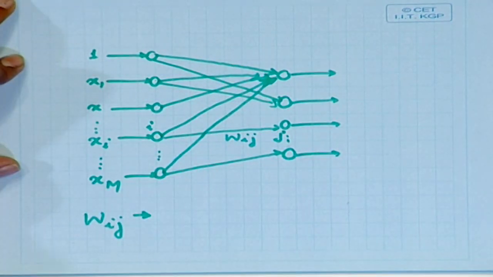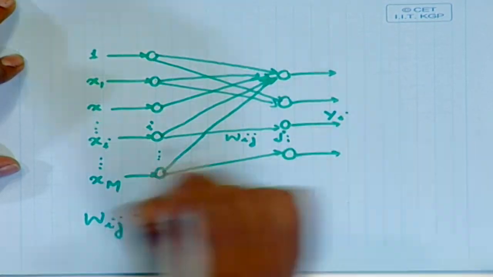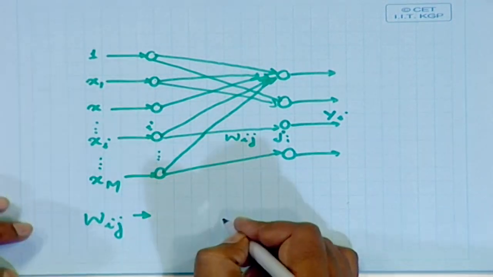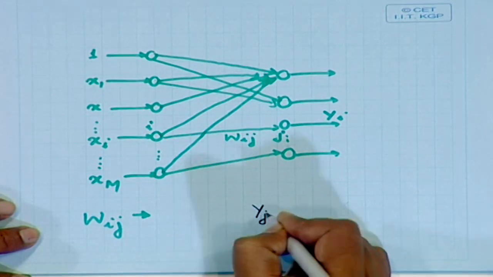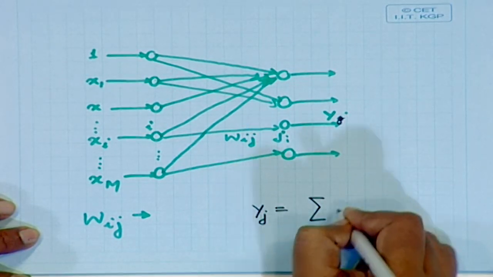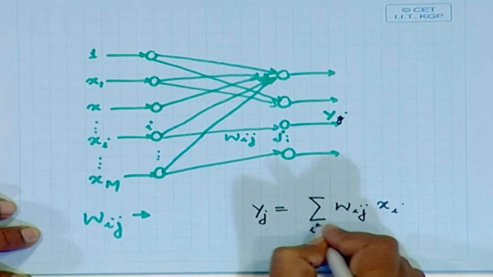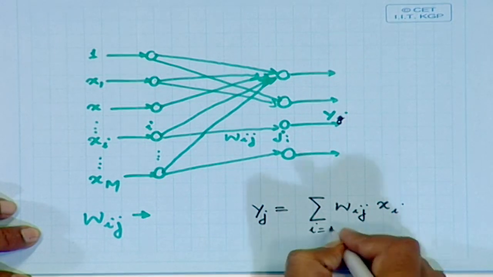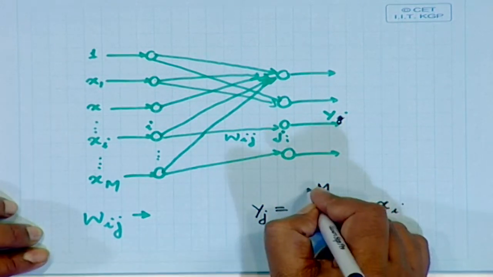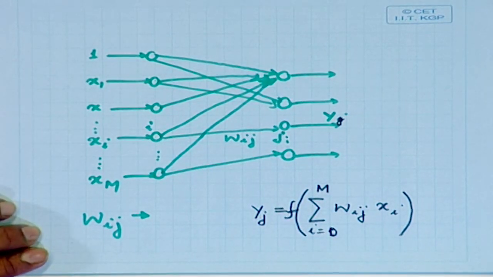Accordingly, if this output I say Yj, this Yj will be nothing but the summation of Wij xi, i varying from 0 to capital M, then the non-linearity which is applied at the output of the output layer nodes.